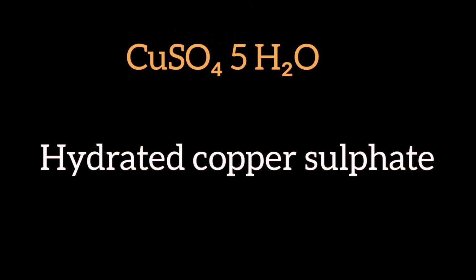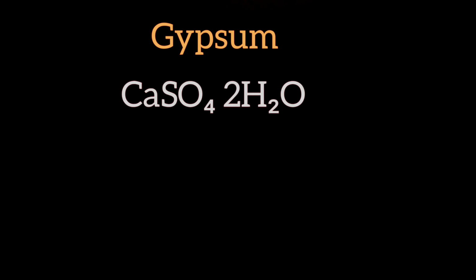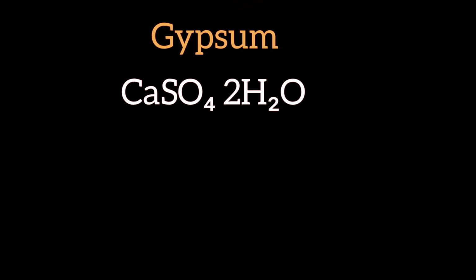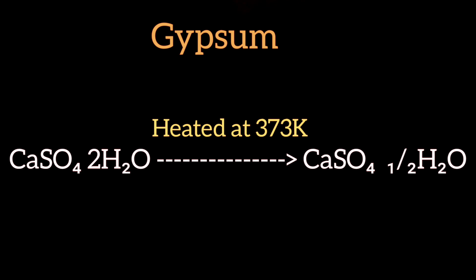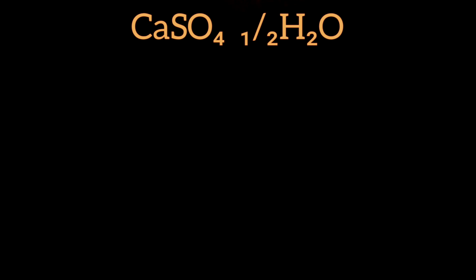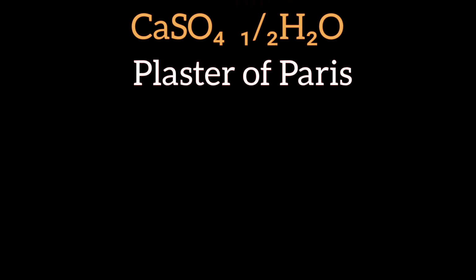Similarly, gypsum has 2 water molecules as water of crystallization with chemical formula CaSO4·2H2O. When gypsum is heated at 373 Kelvin temperature, it loses water molecules and becomes calcium sulfate hemihydrate, that is CaSO4·½H2O. It is called POP, that is plaster of Paris. It is a white powder and changes to gypsum on mixing with water, which is a solid mass.